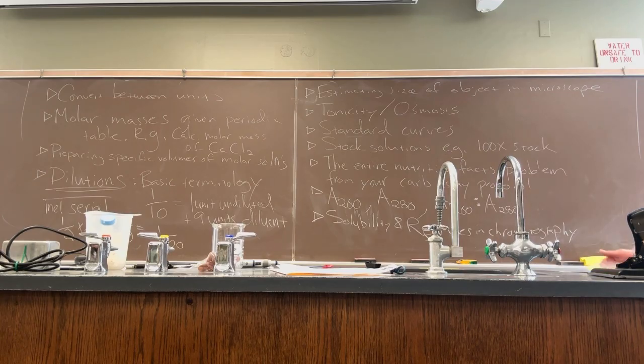We used a nonpolar solvent when we did our pigment extract, and then carotene went the same distance as the solvent because it's a small nonpolar molecule. So what determines how far molecules move in chromatography? It's a combination of solubility and size. More soluble, moves farther. Smaller, moves farther. Questions?